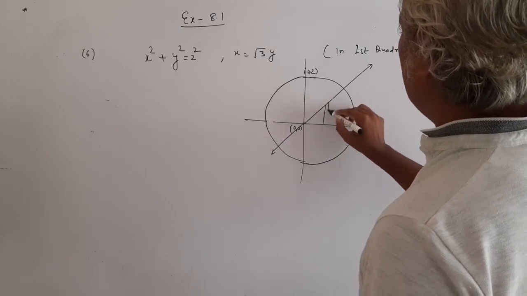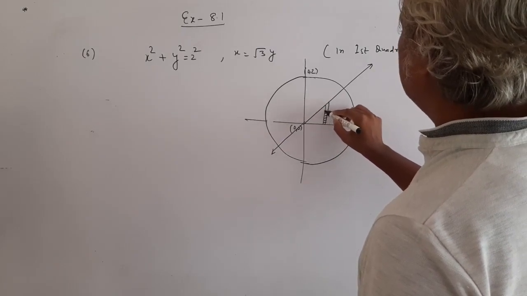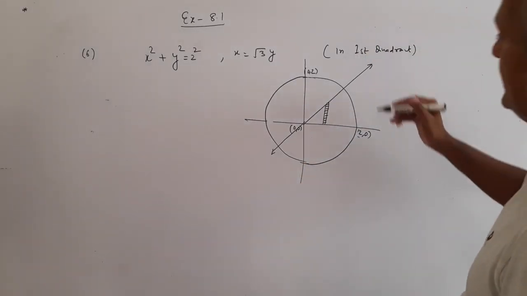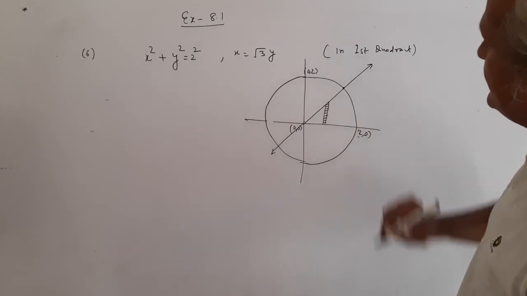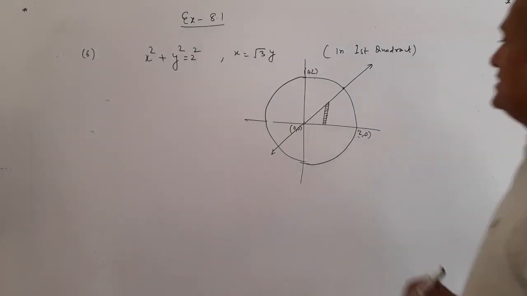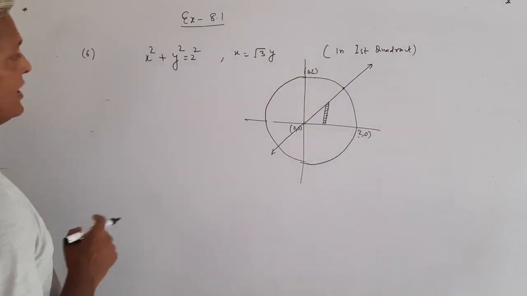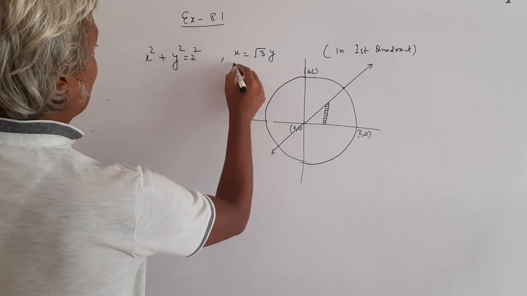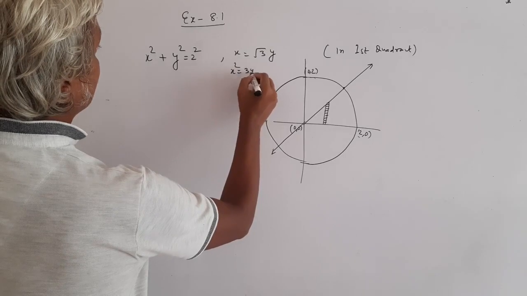My strip will be moving like this. These two graphs intersect each other at this point, so we have to find its coordinates by solving them simultaneously. Squaring, x square is 3 y square.